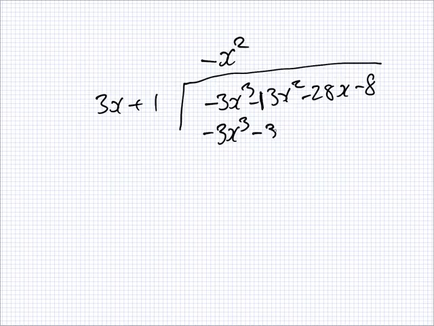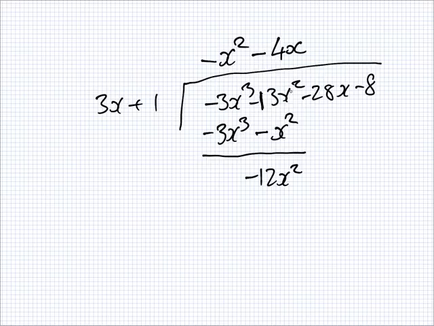Minus 3x squared. Take away. What have I got? Minus the 3. Yeah, where did I get the 3? That is a good question. Minus x squared. Take away, and I have minus 12x squared. So here should be minus 4x.